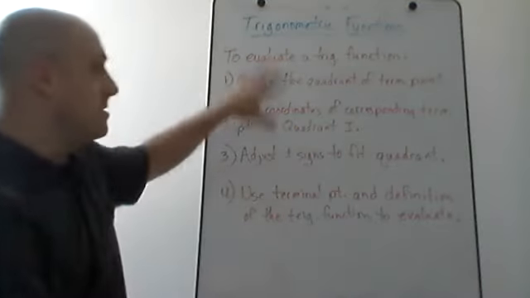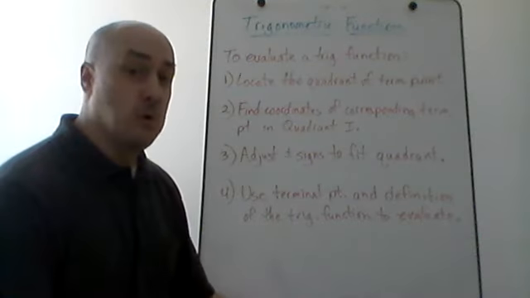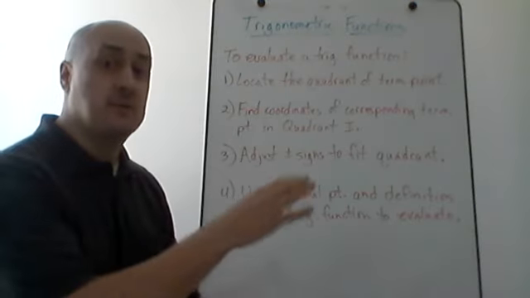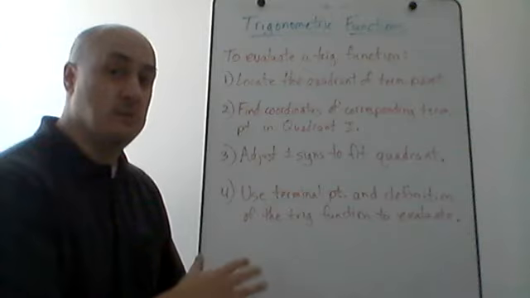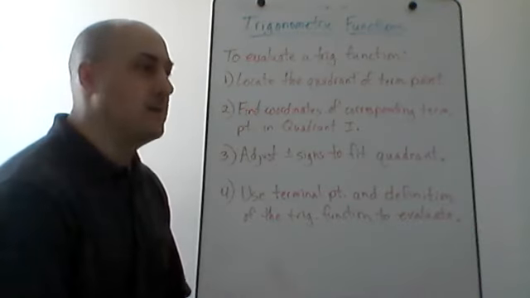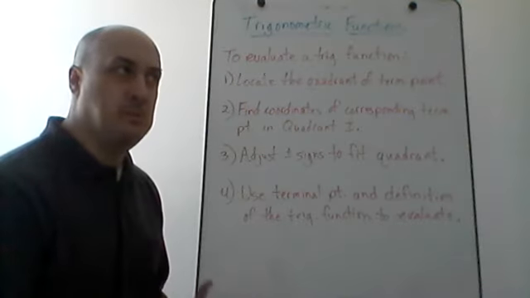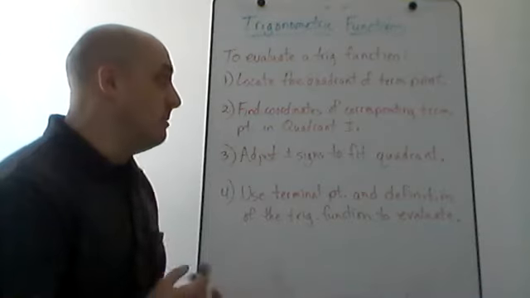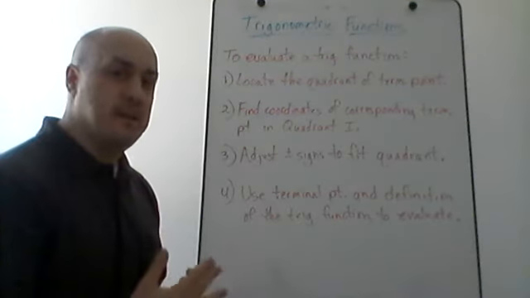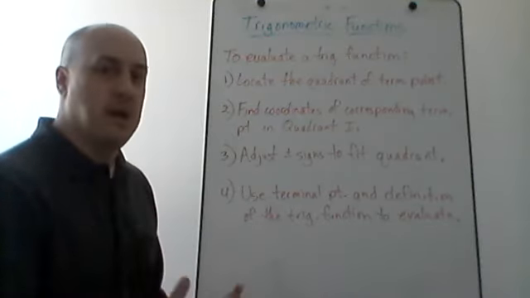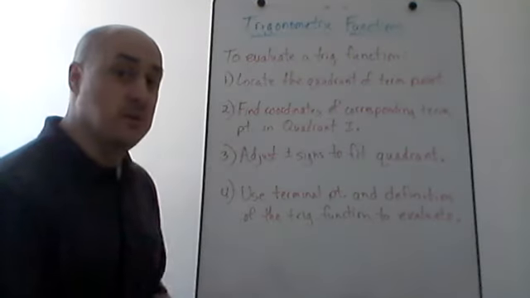So those first three steps are just figuring out the terminal point. Like I said, I've done videos about finding terminal points, so if you haven't seen those yet, you might want to watch those, because that's really the biggest part of this, being able to find that terminal point quickly enough that you don't waste so much time just trying to evaluate one single trig function.